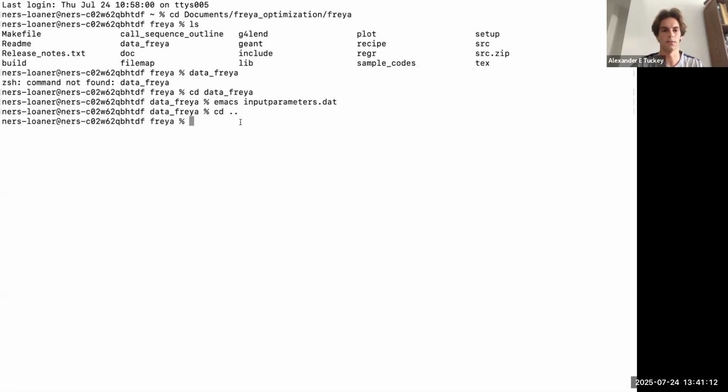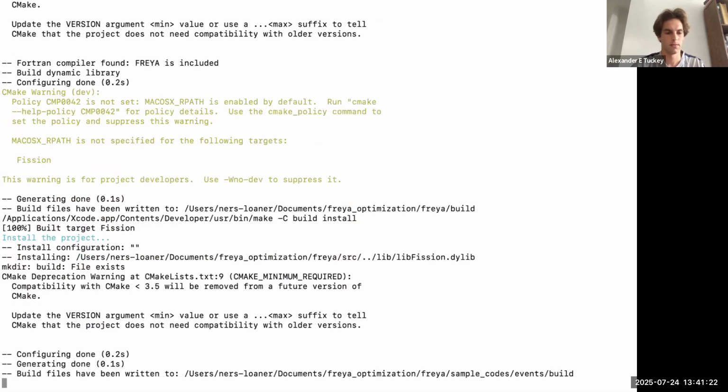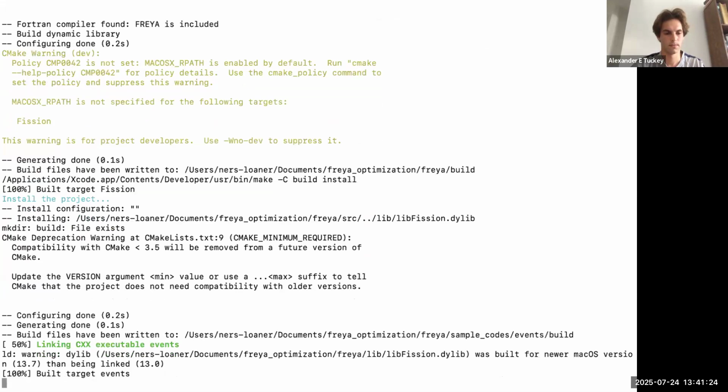So we'll go back to the main Freya directory, and there's this executable called recipe. Let's go ahead and run that. It's now asking us for the charge of our target nucleus. So why don't we do plutonium-239 neutron-induced fission.